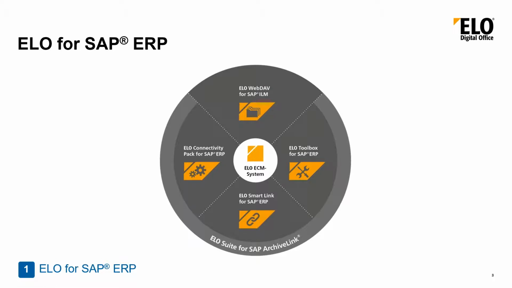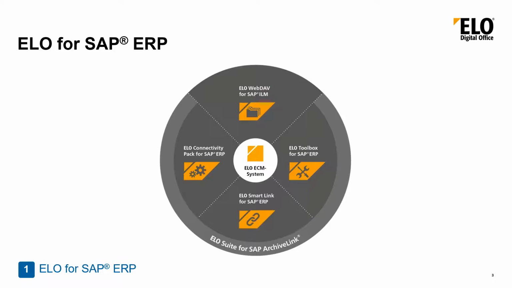This is a brief overview over the products that we offer. Maybe I start at the top. We have a specific solution for ELO Web Dev when it comes to SAP ILM. ILM is short for Information Lifecycle Management.